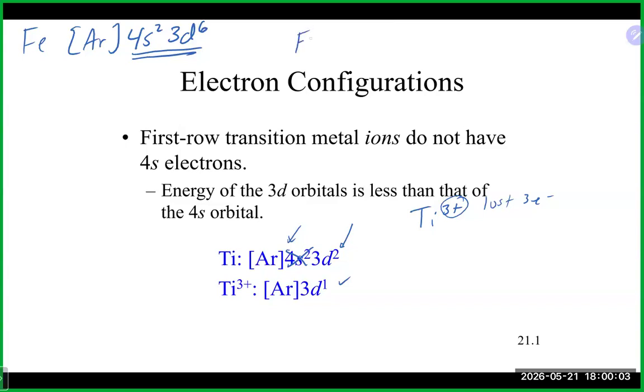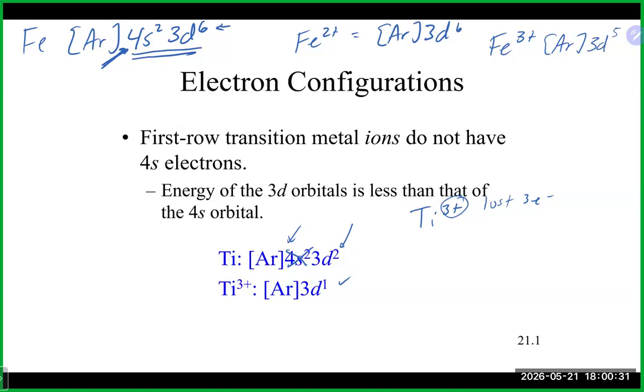So if you had iron 2+, it would have 2 fewer electrons, and it would be those 2 s electrons that go first, and you would end up with argon 3d6. If it went to iron 3+, you would again take out those 2 electrons first from the s, and then you would go into the d, and you would end up with argon 3d5.